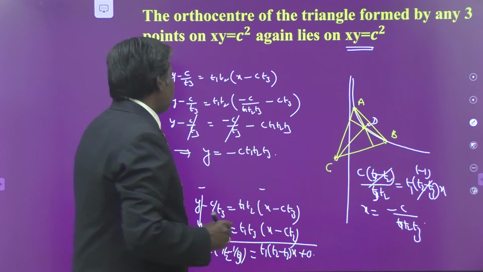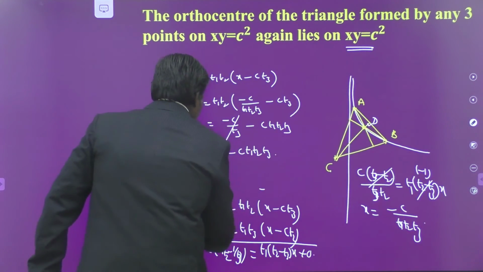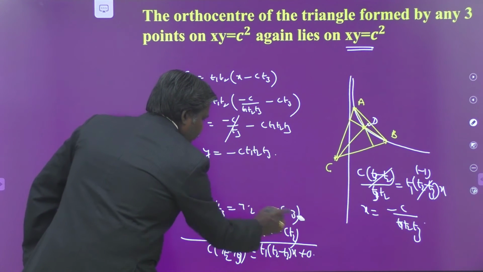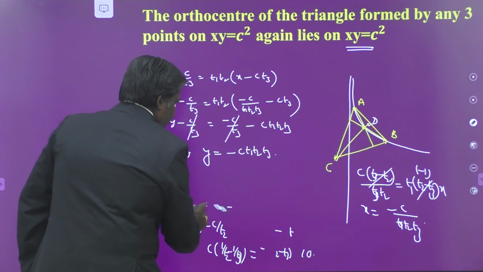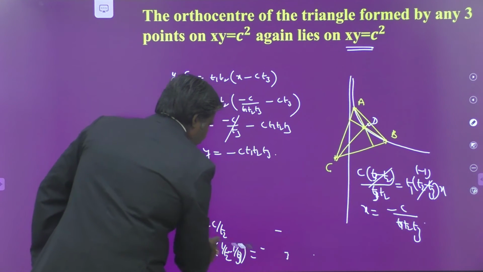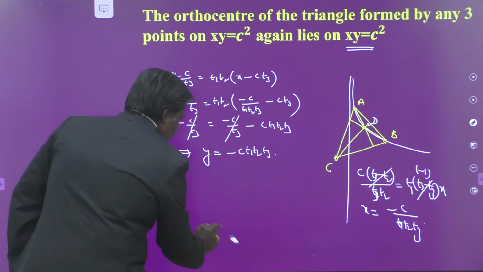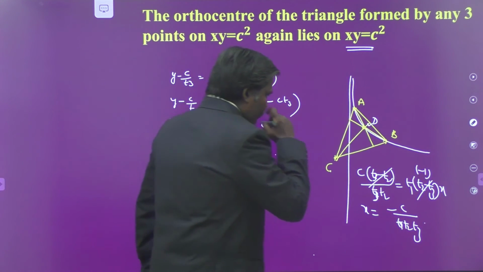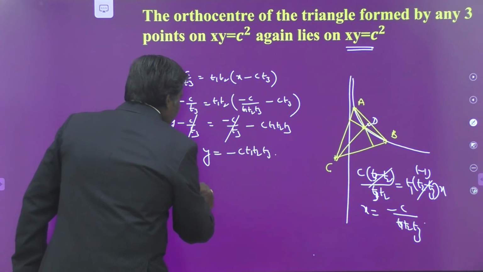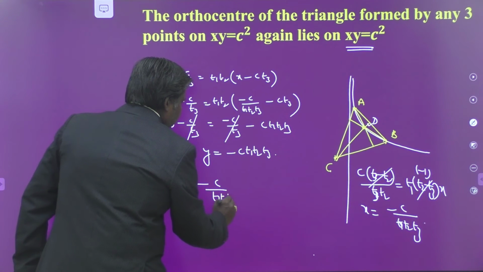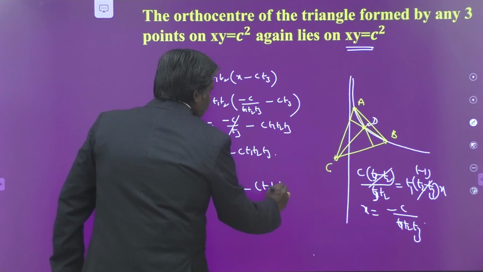Therefore, we have the orthocenter as (minus c by t1 t2 t3, minus c t1 t2 t3).